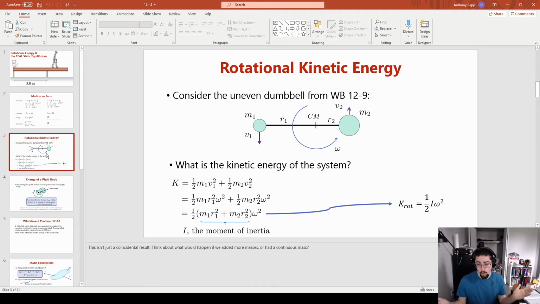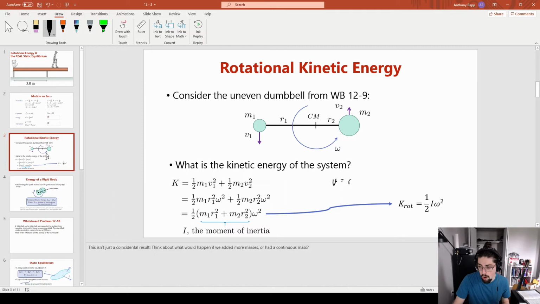Well, the way that we know very well right now is 1/2 mv squared. So let's just try that and see what it gets us. Take block 1, take block 2: 1/2 m1 v1 squared, 1/2 m2 v2 squared. Now you might remember the transformation that says v is equal to r times omega.